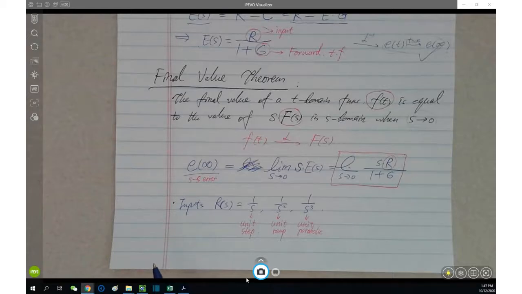And the corresponding time domain function you could find from the handout. Okay, these are the three most commonly used inputs. We're going to quite often apply them.